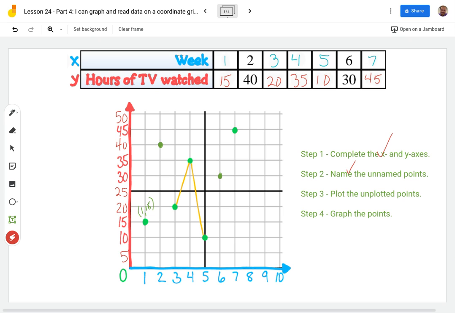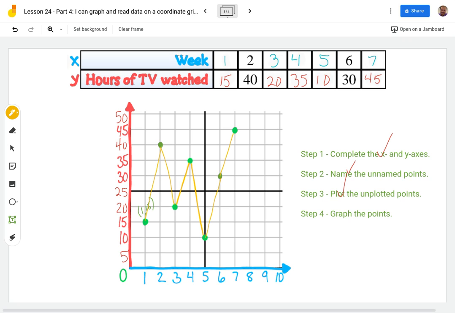And now we have all of our coordinates, our ordered pairs, have been named and plotted here in the table. And it's up to us to do step 4. Graph the points. So let's take out our yellow pen and we're going to graph the points. Just like that, in order.